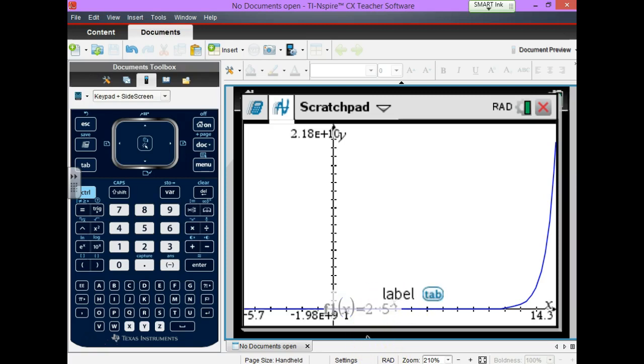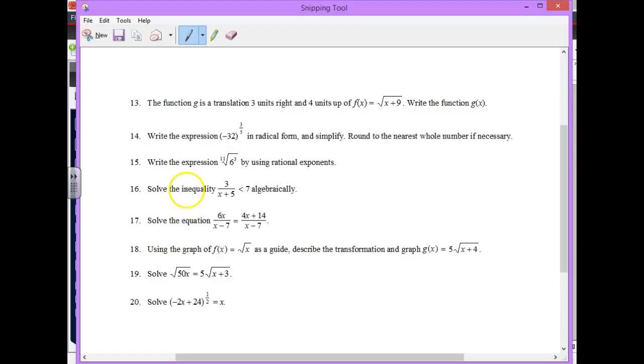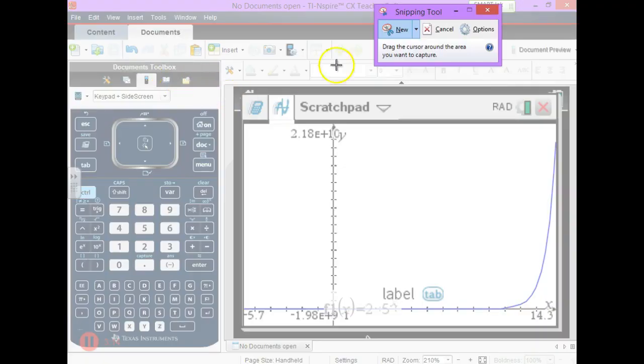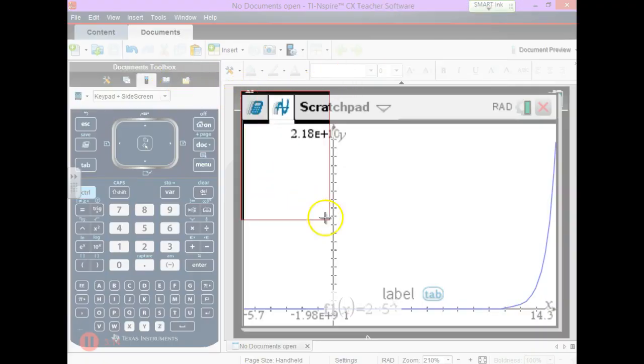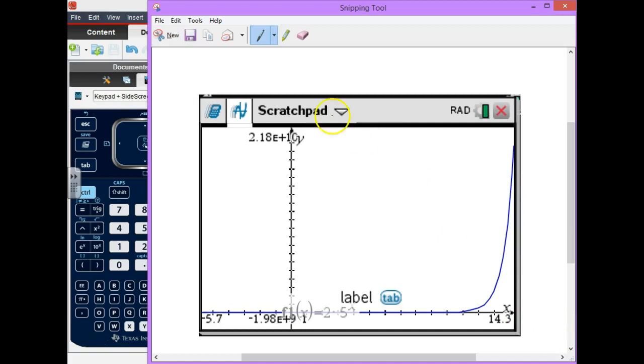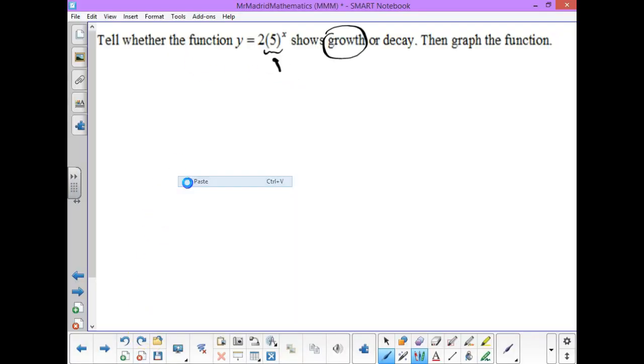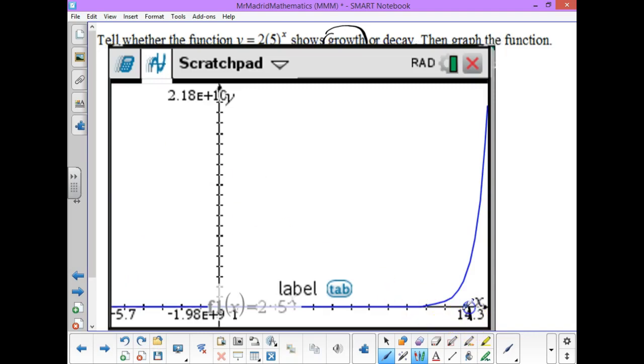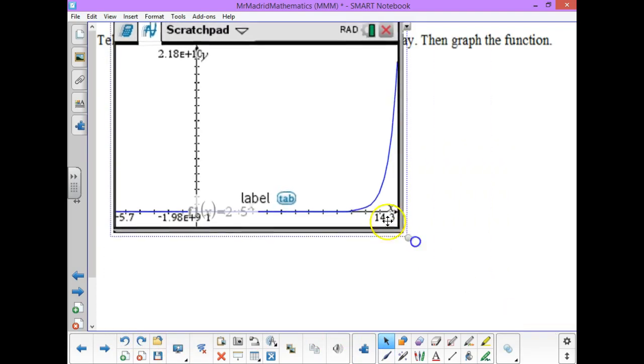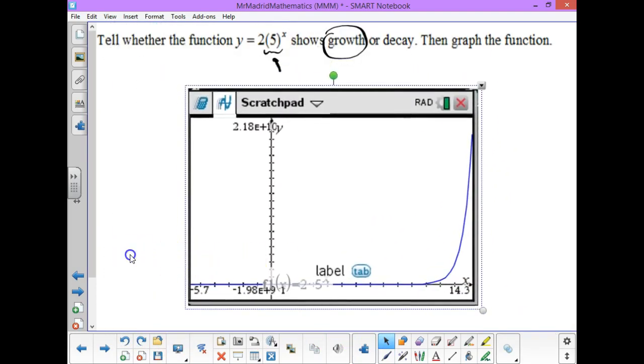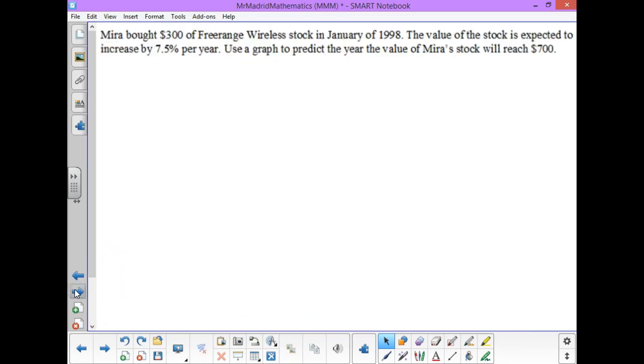Let's go ahead and kind of jot this guy down here. Okay, and I'll transfer the image this way since I am being asked to graph it. Okay, so everything's done. Let's go move on.